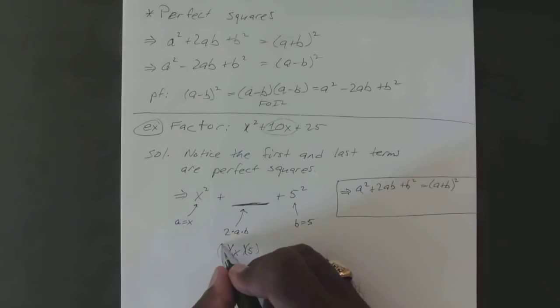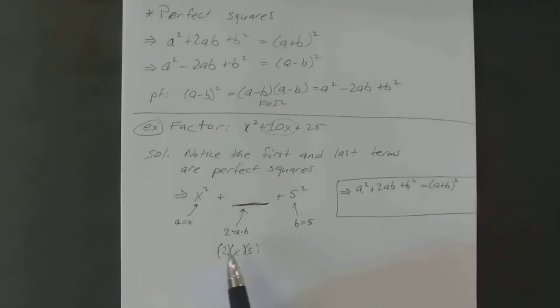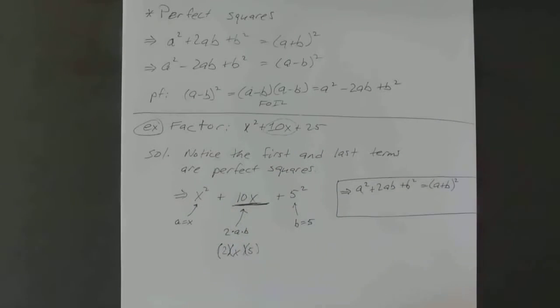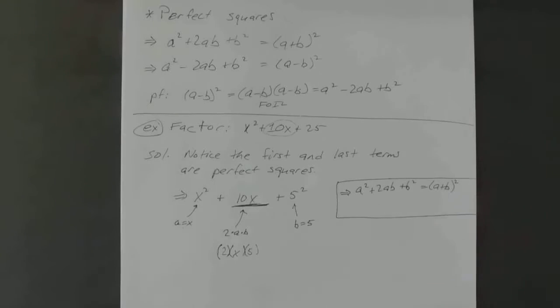Okay, so you have 2 times 5, which is 10, times x, so you have 10x, which matches up here. Okay, so this is a perfect square, or a perfect square trinomial.